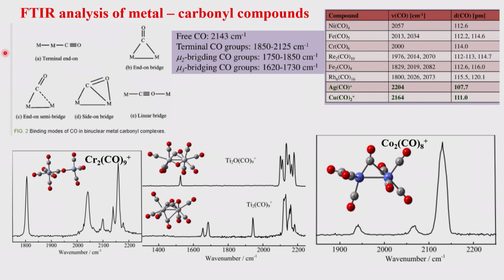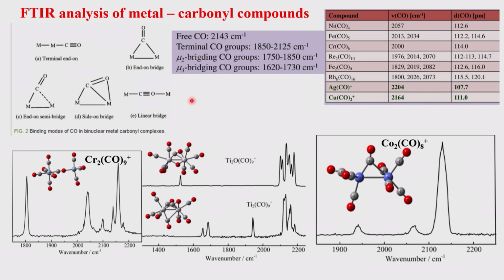So there are a variety of ways; chemists have synthesized compounds with all these kinds of structures, and many more intermediate levels are not shown here. This is called the side-on bridge, end-on, semi-bridge, end-on bridge, terminal and linear.